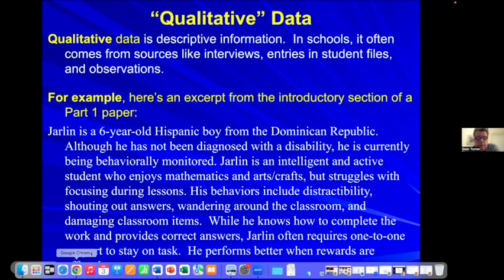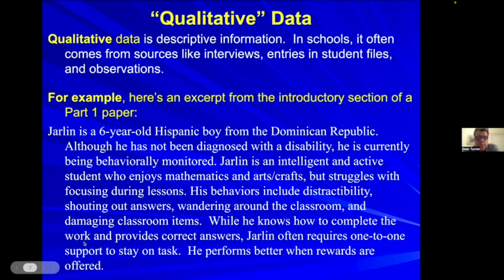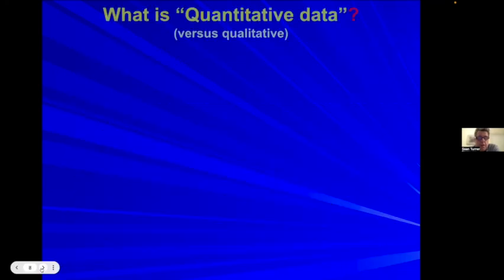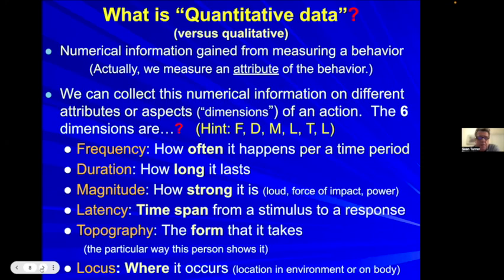And here's an example of those, which again, for part one of the paper, we do both qualitative and quantitative data in part one and part two. So that's an example right there.